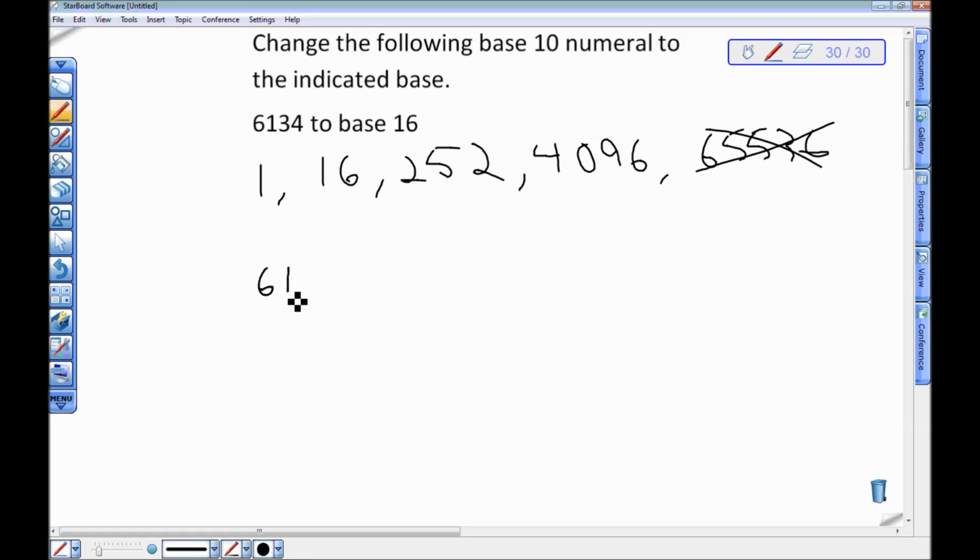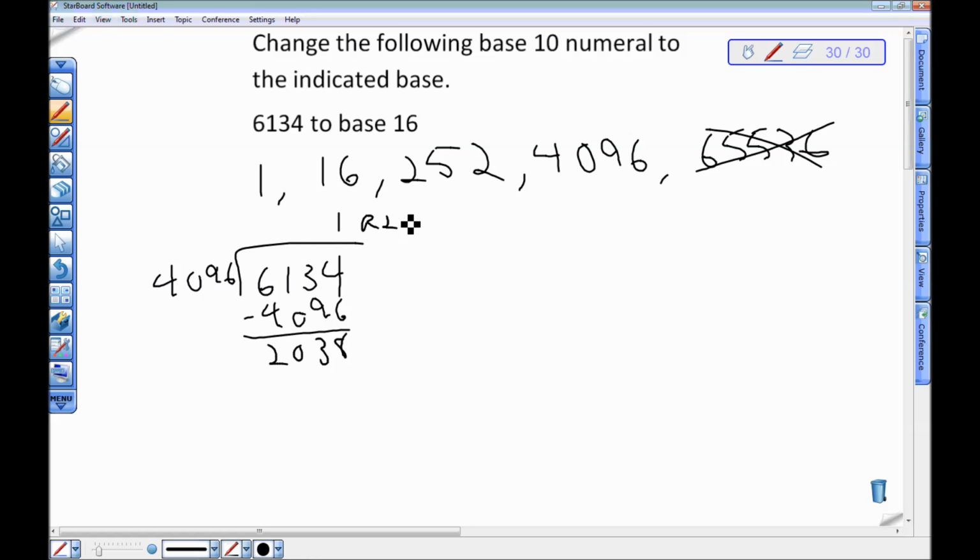So 6,134 divided by 4,096. I can see that's going to go in there once. I think it's worth my time to type that into my calculator. I get a remainder of 2,038. Now I take 2,038 and divide it by the next smallest place value, 256.